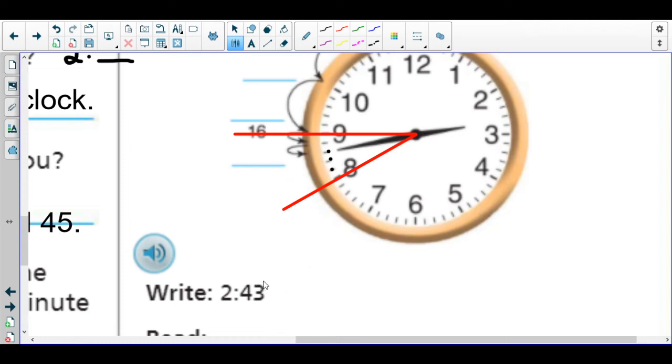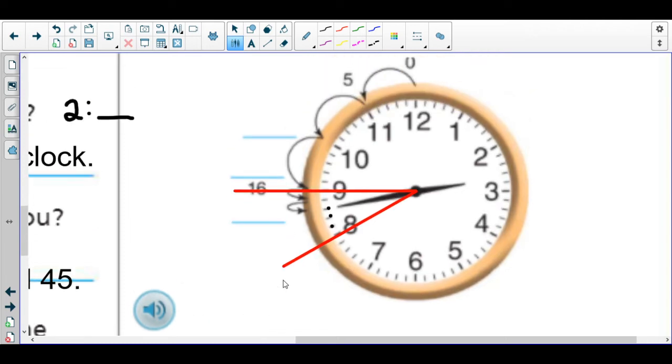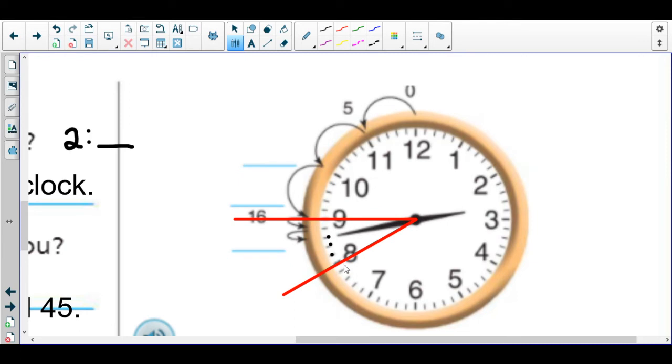Okay, so there's our time, 2:43. Now what they're saying right here, and this is just a mental math thing, there's 60 minutes in an hour, and we've gone 43 of them. How many more minutes will it take for us to get to the next hour? And that becomes 17.